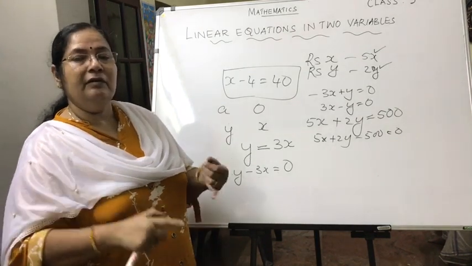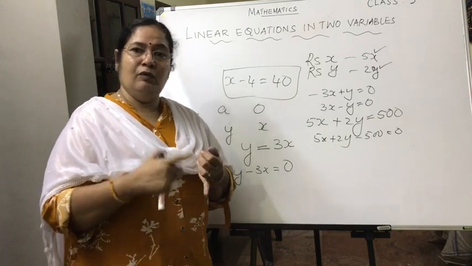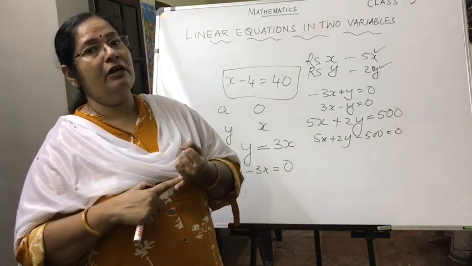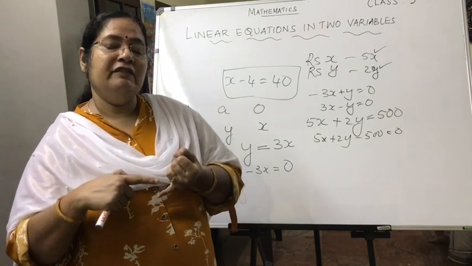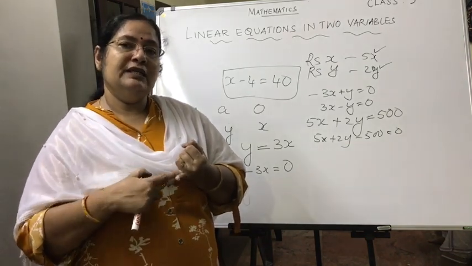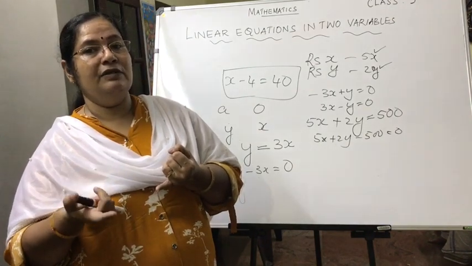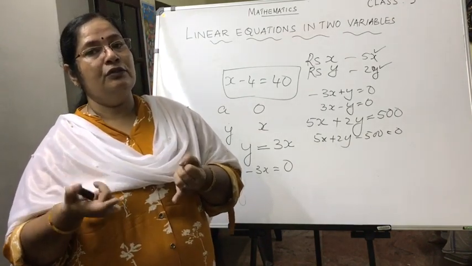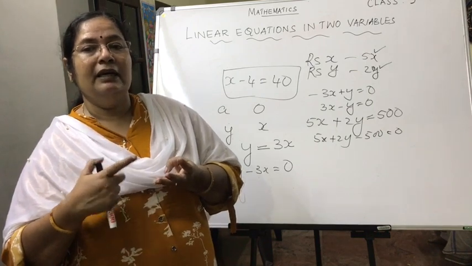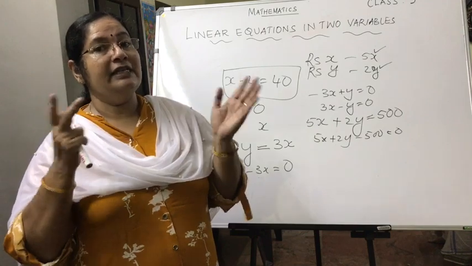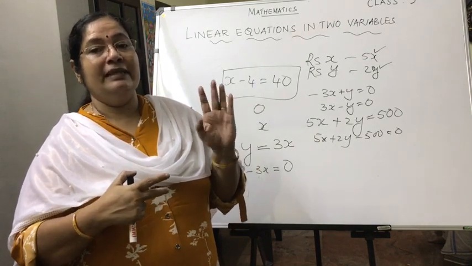So today we have learned about what is a linear equation in one variable, what is the general form, what is the solution for that, how many solutions it has. It has only a unique solution. Then we have also seen linear equations in two variables. What is the general form? Ax plus by plus c equal to 0. From that you also learned how to find the values for the coefficients of x, y and the constant term after writing it in the general form or the standard form.